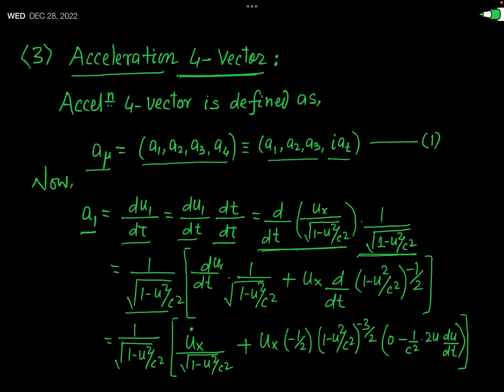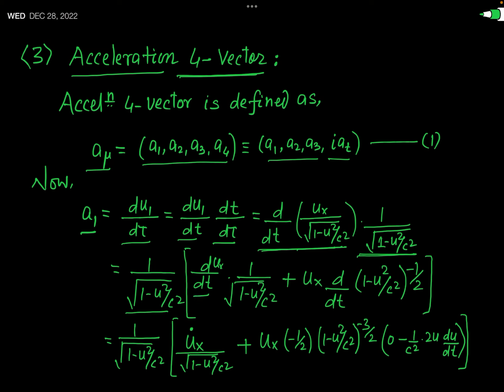The first function is ux and the second function is 1 over root over 1 minus u square by c square. So you can apply the rule from calculus for getting the derivative of a product of two functions. So let us operate this operator on ux.